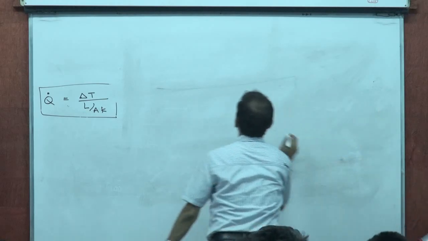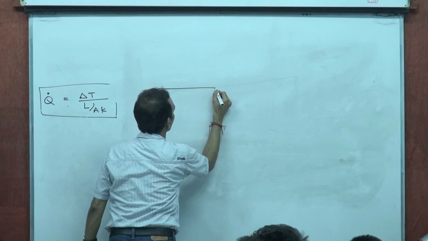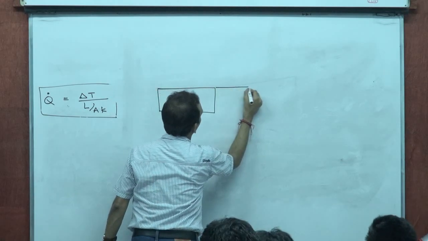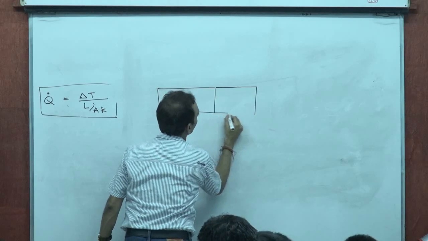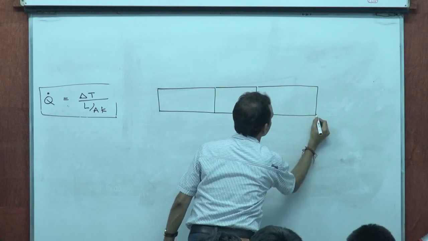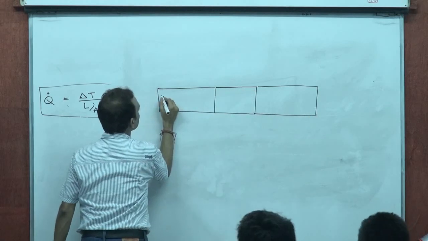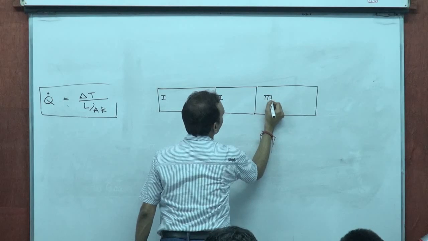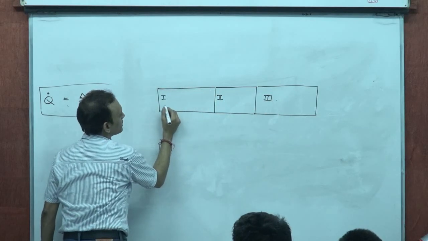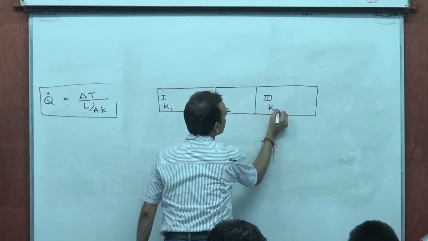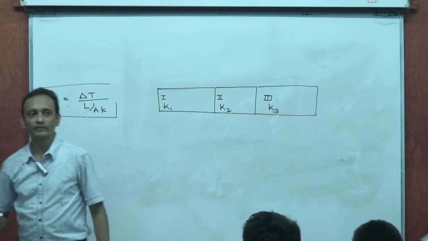Suppose we had three slabs connected like this: slab 1, slab 2 and slab 3, in general of different thermal conductivity, say K1, K2 and K3.